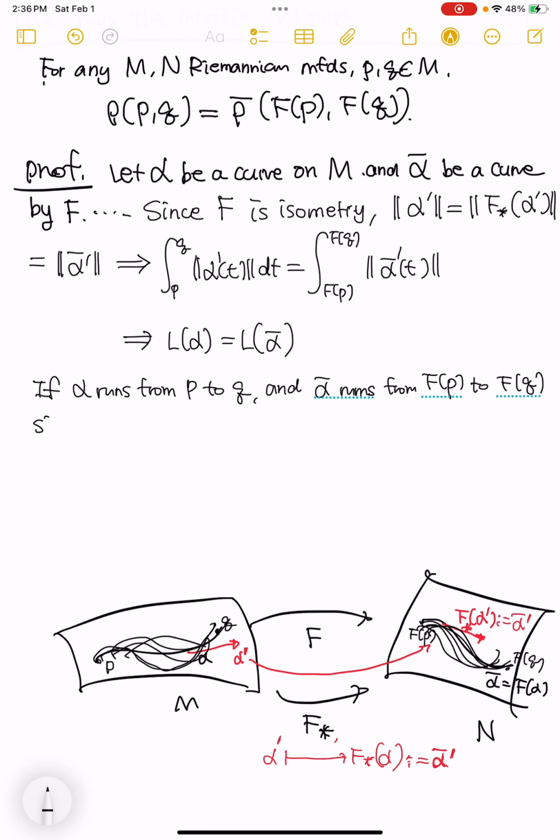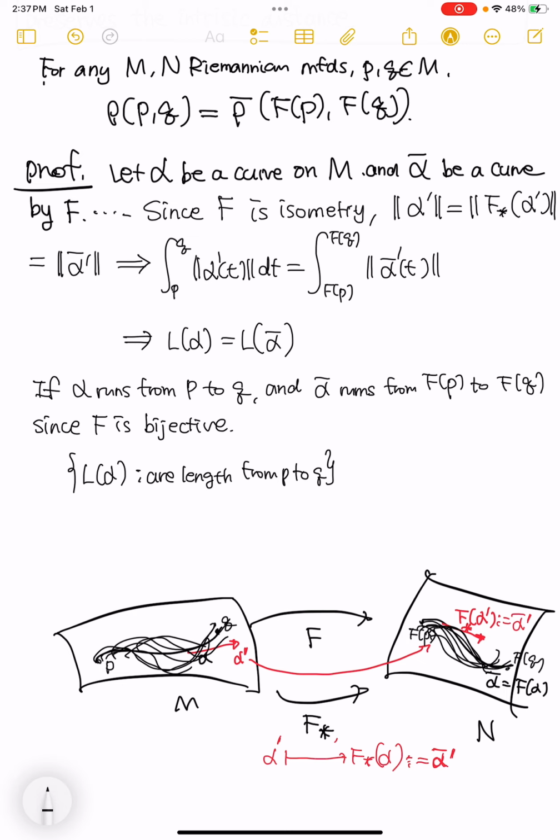Since F is bijective, whenever any path is given, when we collect the set, the collection of L alpha corresponds to L alpha bar, okay?